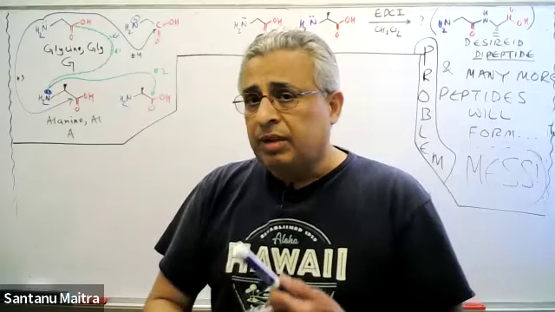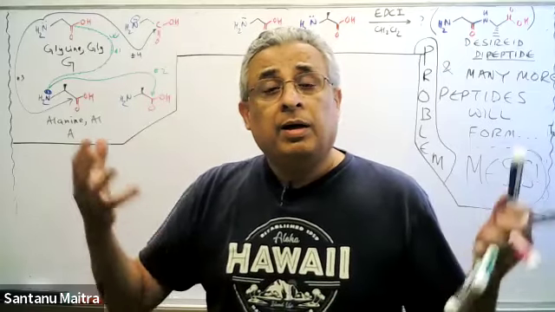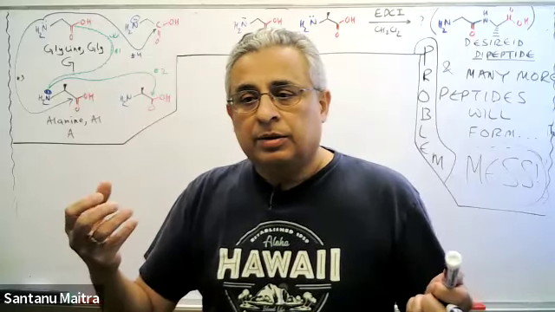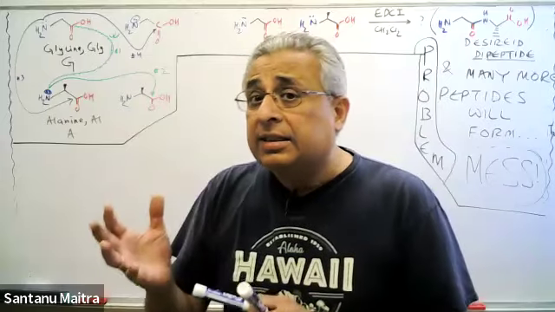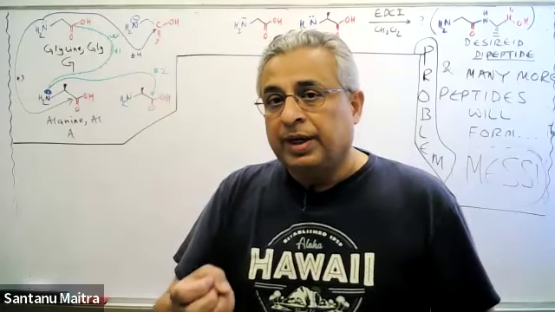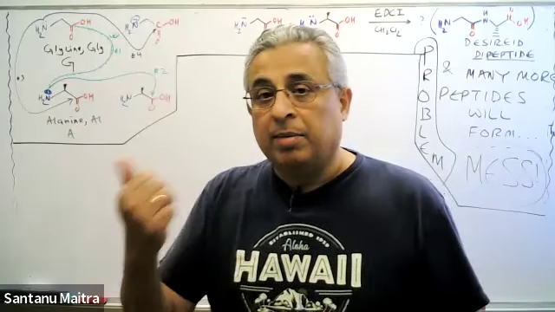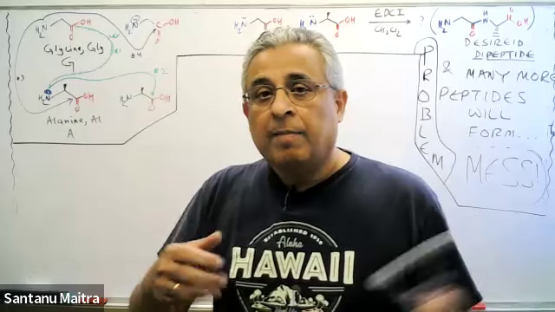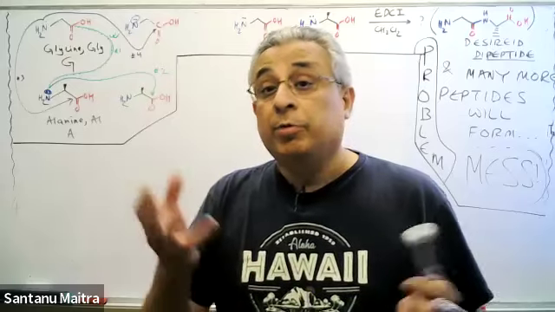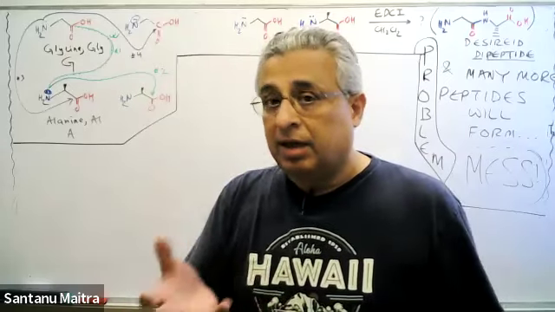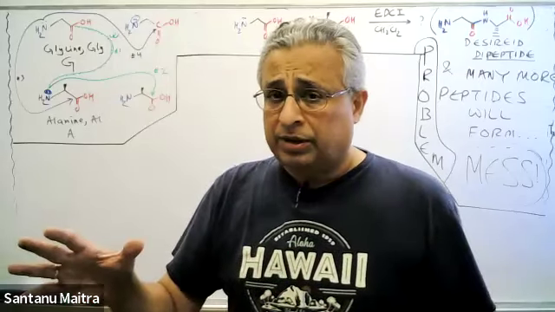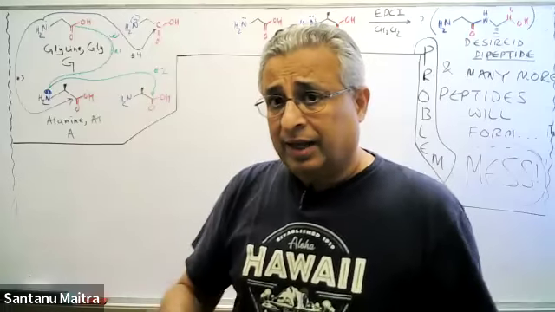Different protecting group chemistry has evolved. Some of them are acid sensitive. That means in the presence of weak acid, it can come off and become an amine or an acid again. They can be base sensitive. If you want them to be acid stable but base unstable, that can be done. Sometimes they can be taken off using completely different methodology, like hydrogenation.